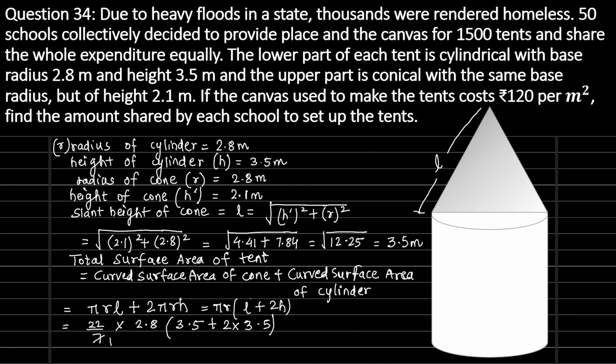Now 7 ones are 7, 7 fours are 28, so 2.8 divided by 7 will be 0.4.